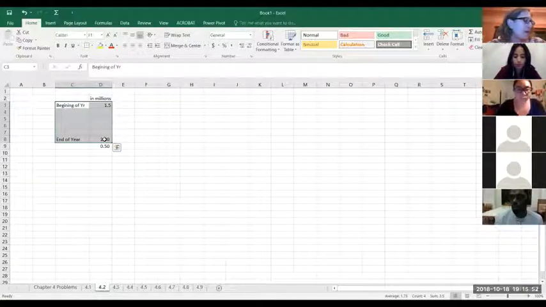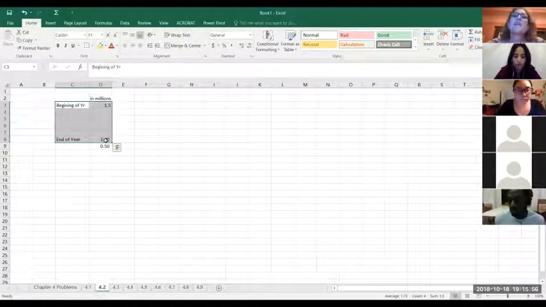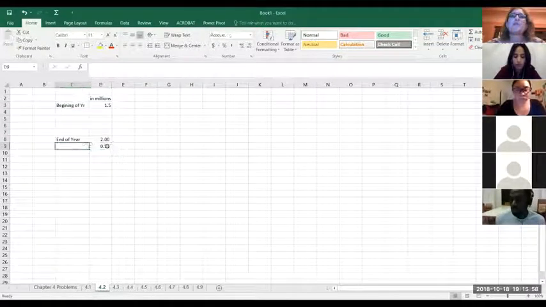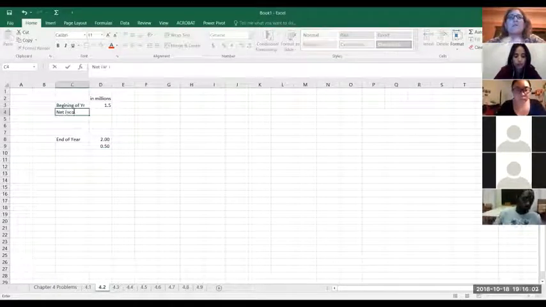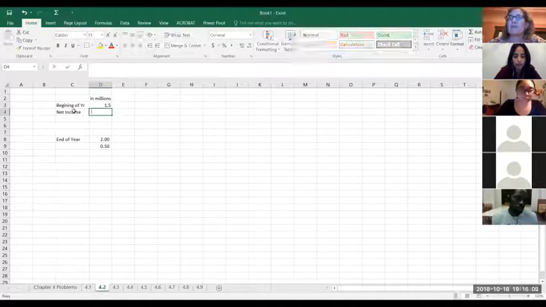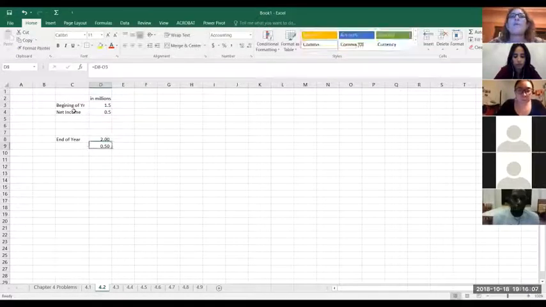In this example, this change would have been purely net income. So we could say that net income was $500,000, and therefore the end of year equity was 2 million because you're just adding it.